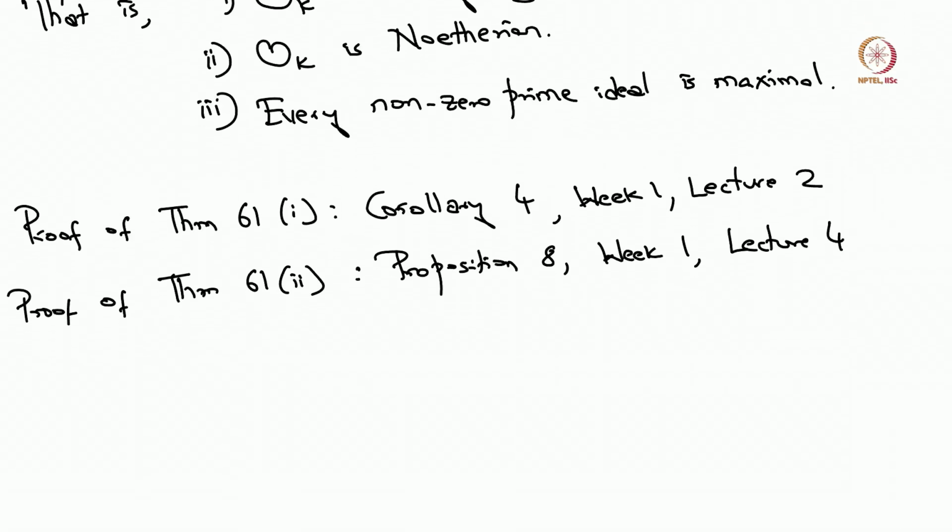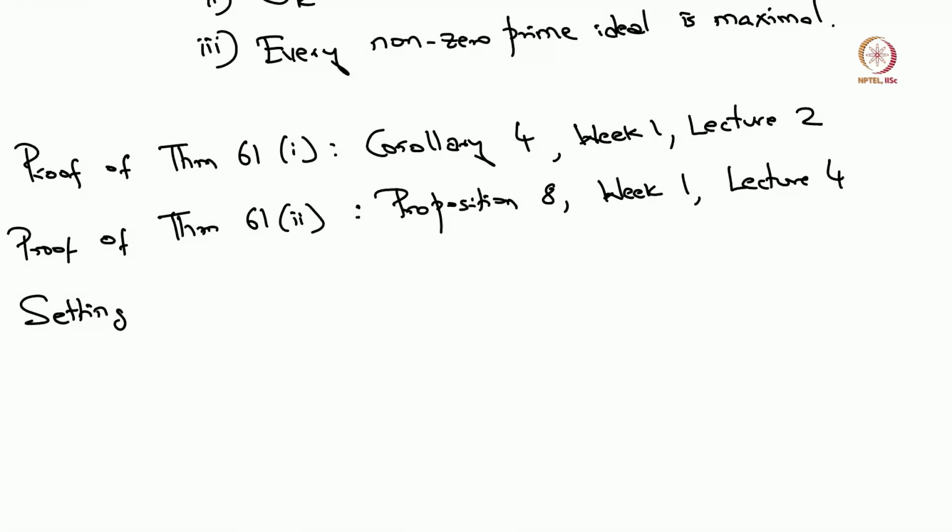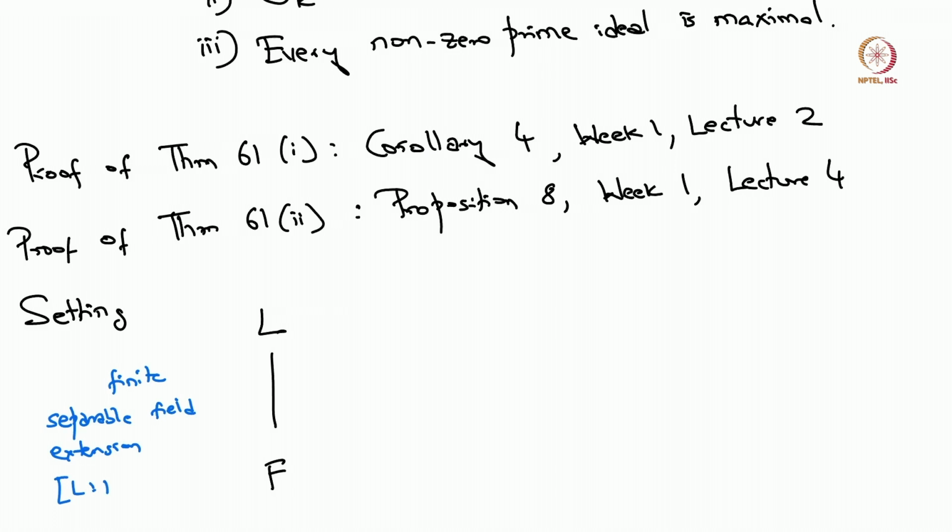So what we showed in that proposition, the setting was the following. So we had a finite separable field extension again, L over F, let's say. And let's say that the degree of this field extension is n.